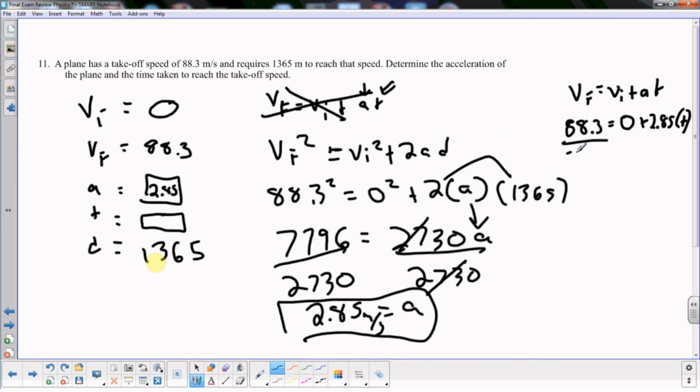T is going to be 88.3 divided by 2.85. Call it 30.98, but 31 seconds. There you go. So that's your time, that's your acceleration, and that's the end of the kinematic section.